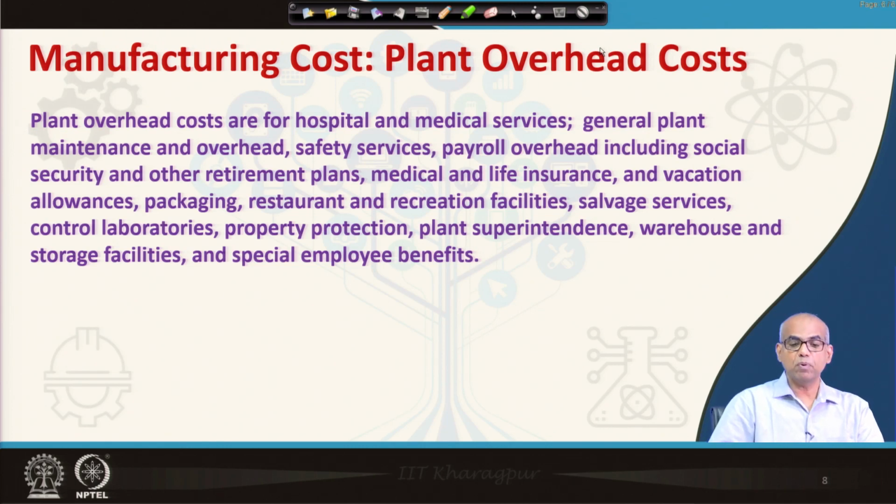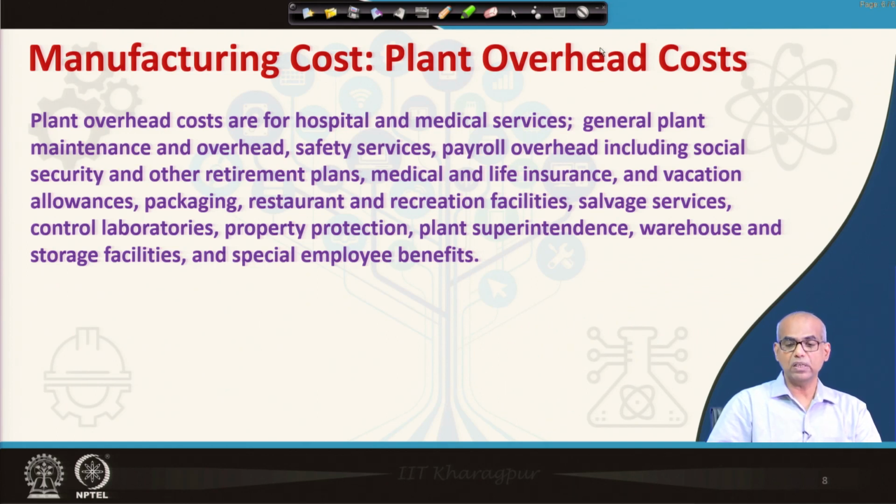Now, the third type of manufacturing cost, plant overhead cost. Plant overhead costs are for hospital and medical services, general plant maintenance and overhead, safety services, payroll overhead including social security and other retirement plans, medical and life insurance and vacation allowances, packaging, restaurant and recreation facilities, salvage services, control laboratories, property protection, plant superintendents, warehouse and storage facilities and special employee benefits.